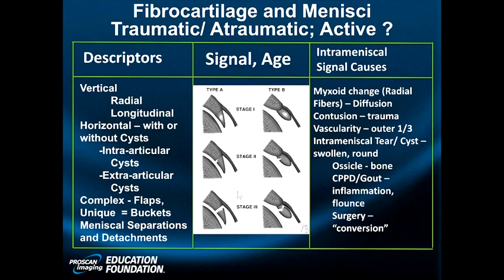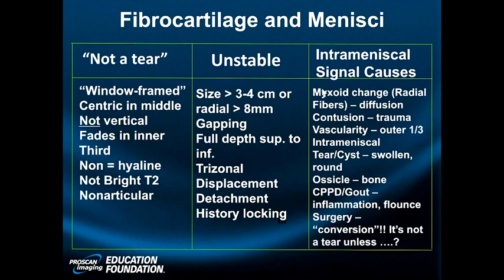And somebody has given them a stage, which I'd never use, and a shape, which I've never used, published in a paper, but we reproduced it for you because it simply illustrates what happens in normal aging, in wear and tear, and then in the significant or relevant traumatic scenario where in the hip you might have meniscocapsular diastasis, meniscoacetabular diastasis, or meniscochondral separation, which is one of the more common forms of traumatic, serious hip labral injury. They can be straight or they can be serrated. I believe we've diagrammatically covered the menisci of the knee.